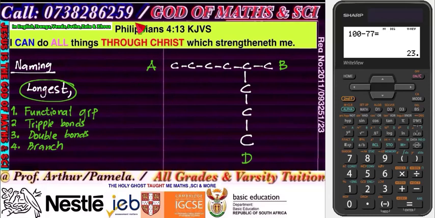There we go. Now, I'm looking for the longest chain, not necessarily a straight line. It doesn't have to be a straight line. You can go around the bend, carbon to carbon to carbon. You've got 3 options. Option 1, I go from A to B. In other words, I'm going this way.